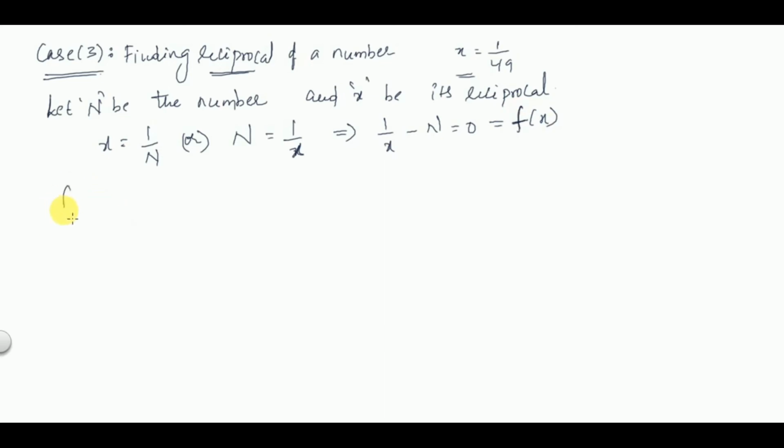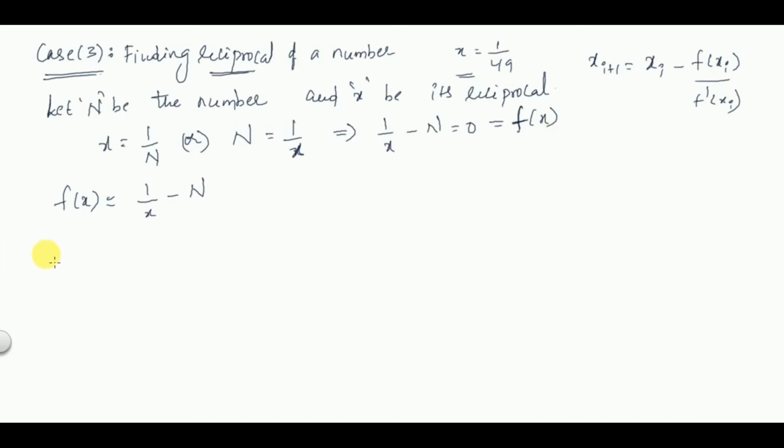Okay, so now we have f of x is equal to 1 by x minus n, and we have the iteration formula xi plus 1 is equal to xi minus f of xi divided by f dash of xi.